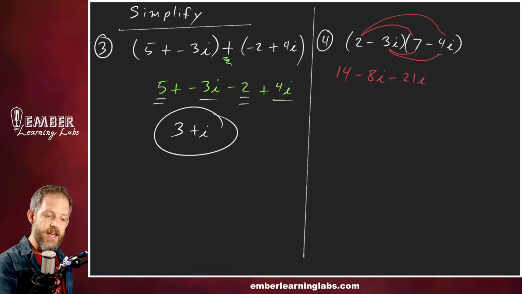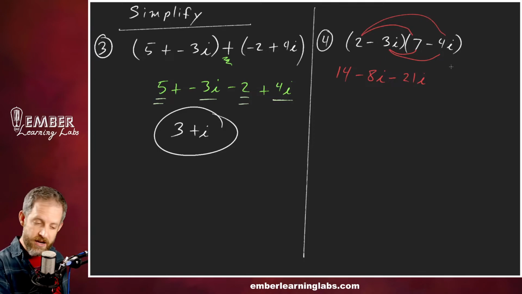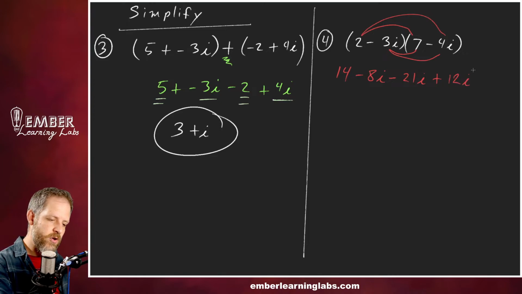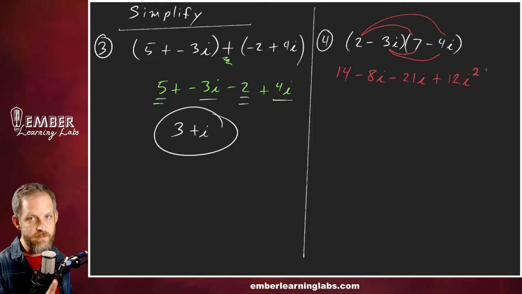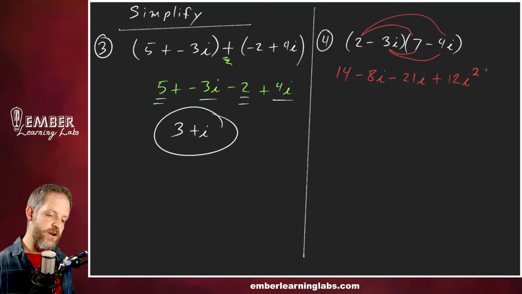And then finally, this is where we get into something a little bit different. Negative 3i times negative 4i is positive 12i squared. And that's important because we just learned a few examples ago that i squared equals negative 1.